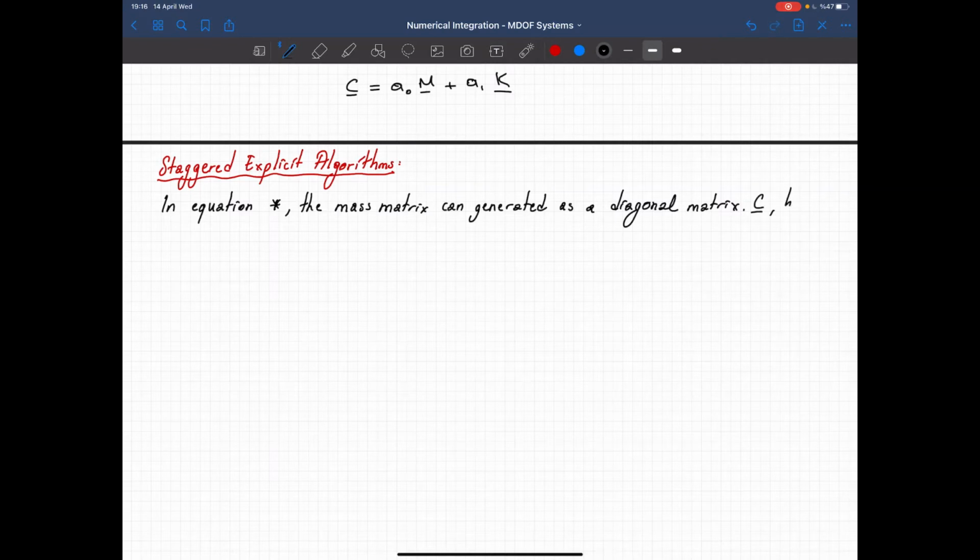The C matrix, however, is not a diagonal matrix.